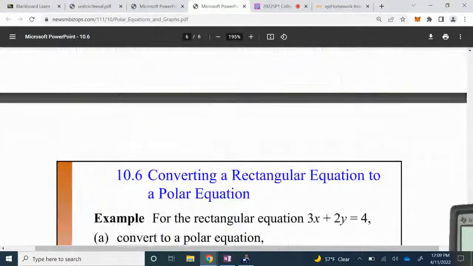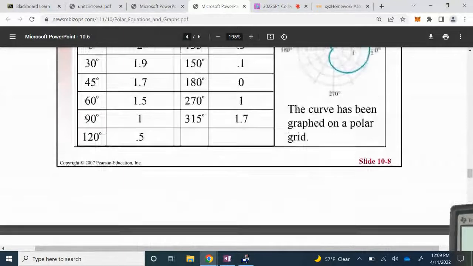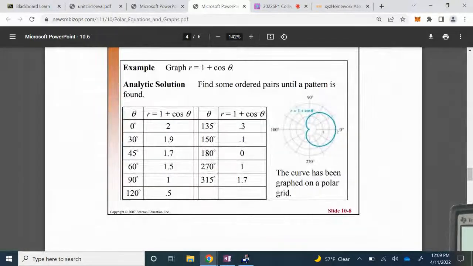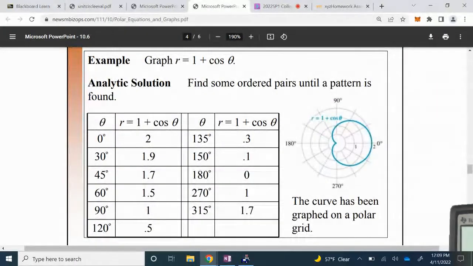All right, so how do you graph a polar equation? Now, we're not going to graph anything by hand, but if you had to graph a polar equation by hand, this is how you would do it. In this example, we're asked to graph 1 plus the cosine of theta. Notice when you graph an ordered pair point, you have an x and y ordered pair table, where x would be the number you input and y would be your equation.